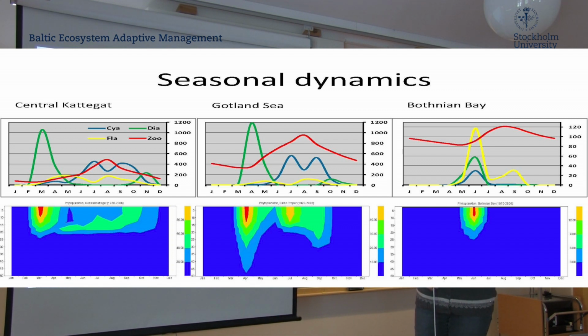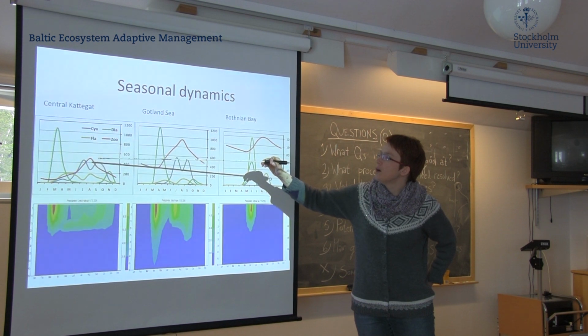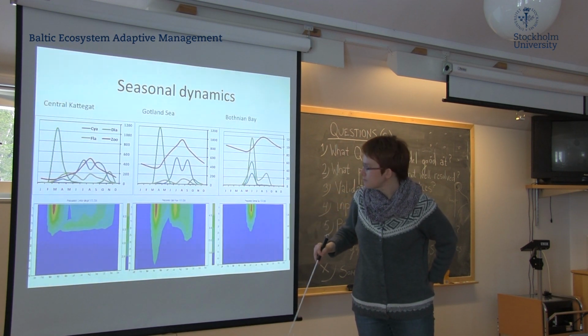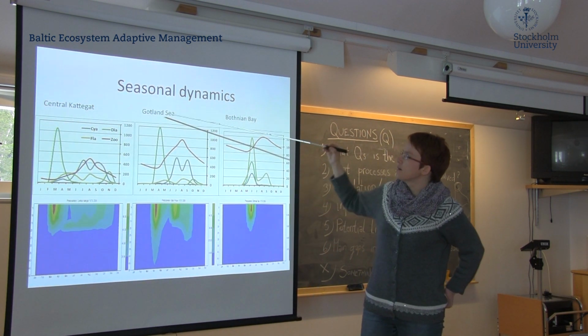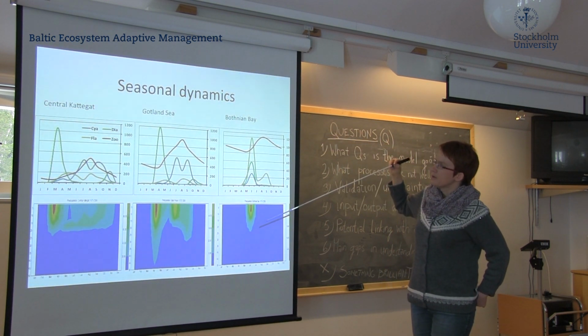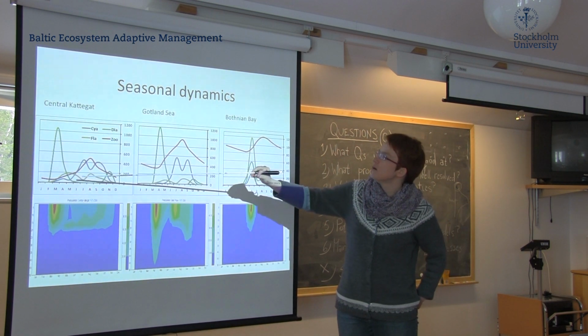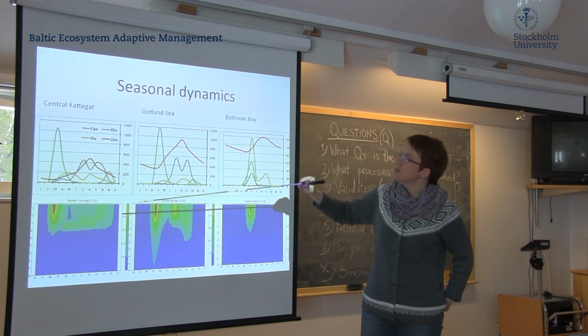And this is a plot, for example, of the dynamics of the phytoplankton groups and also zooplankton in the central Kattegat, in the Gotland Sea, and in the Bothnian Bay. And what is plotted here is basically total phytoplankton, and this is a plot that is separated by species.